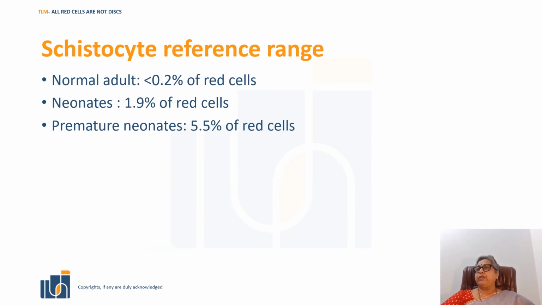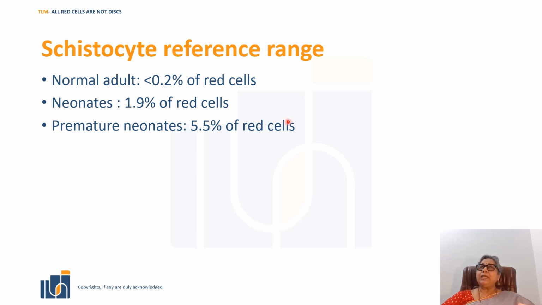What is the reference range? Till now, what has been provided for us by the guidelines, in a normal adult, less than 0.2% of red cells can be schistocytes. So anything that is above this should be looked at. In the neonates, about 1.9% of red cells can be schistocytes. And if it's a premature neonate, 5.5% of red cells can be schistocytes.